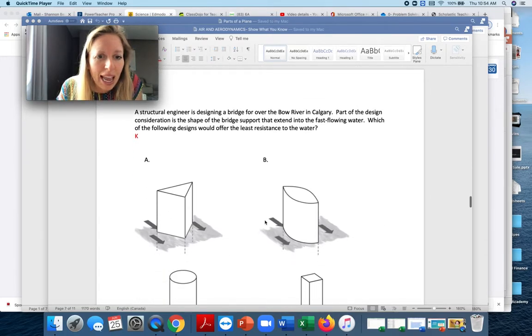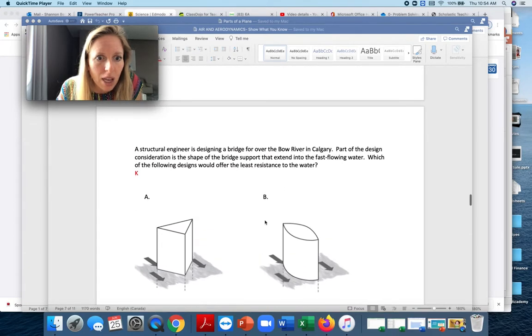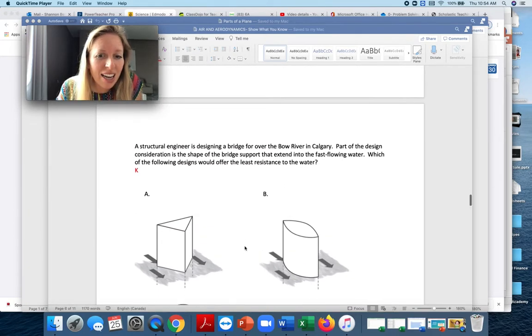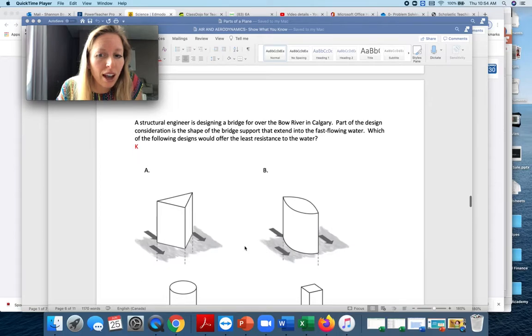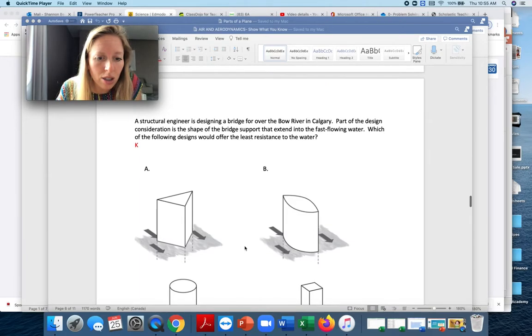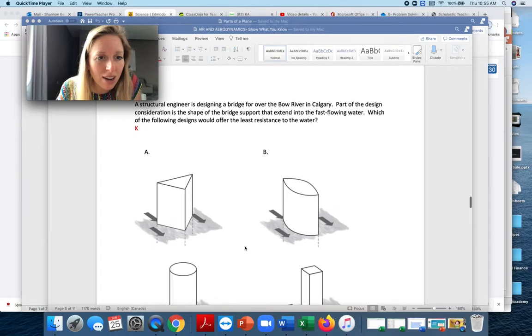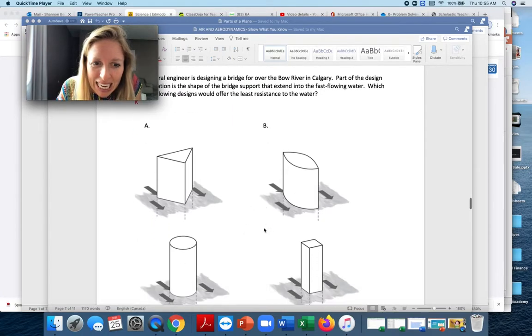Okay, I think this is number 8. A structural engineer is designing a bridge over the Bow River in Calgary. Part of the design is the shape of the bridge supports that extend into the fast flowing water. Which of the following designs would offer the least resistance to the water? Basically, what's the most aerodynamic? B, right?